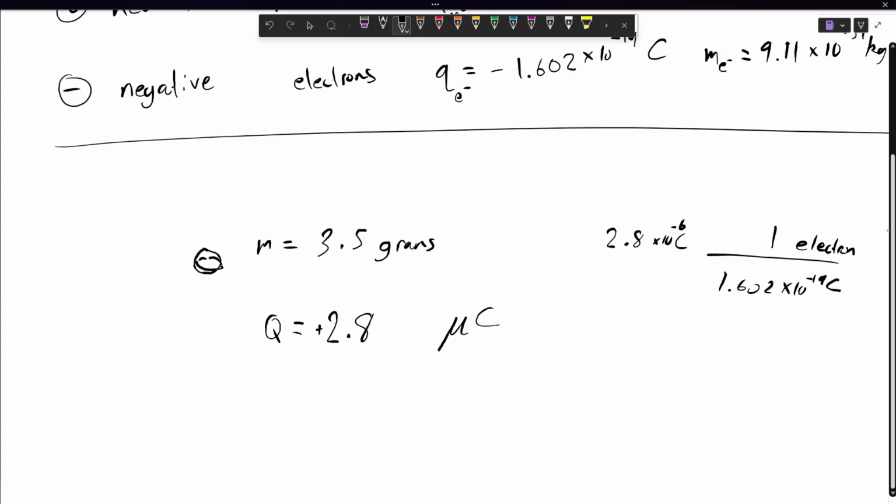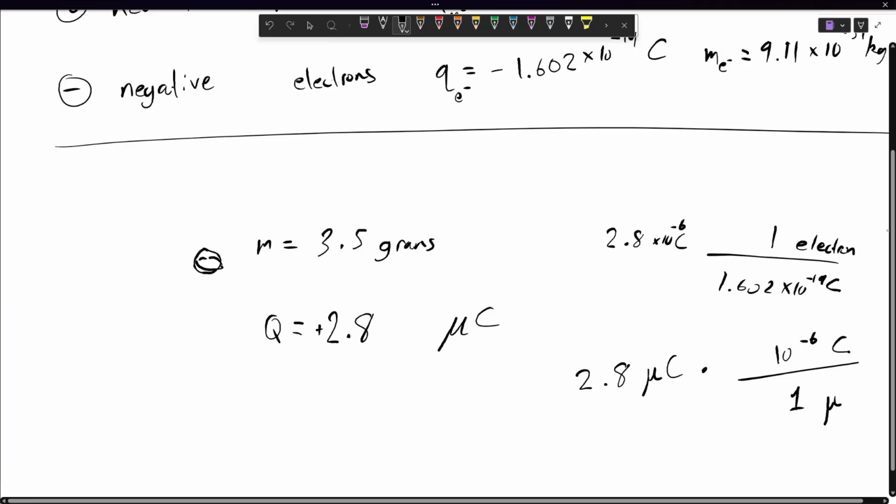If I were saying I'm going from microcoulombs to coulombs, that step that I did here, let's start out with the 2.8 microcoulombs times, I could say I have 10 to the -6 coulombs per 1 microcoulomb.